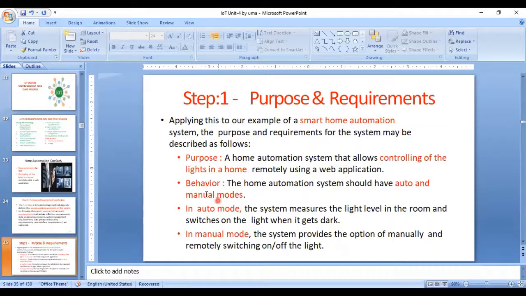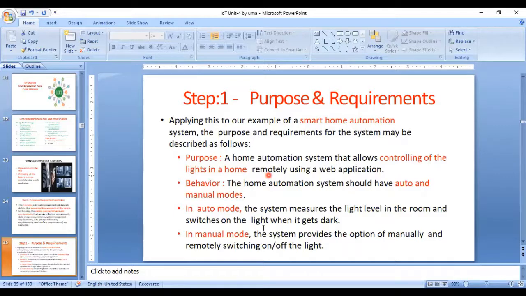In this system, for the home automation system behavior, we have two different modes. One is an auto mode, the other one is a manual mode. Auto mode means that if the light level is low, automatically you will switch on the light. If the light level is high, you will switch off the tube light. That depends upon the light level, you will stop or start the lights.